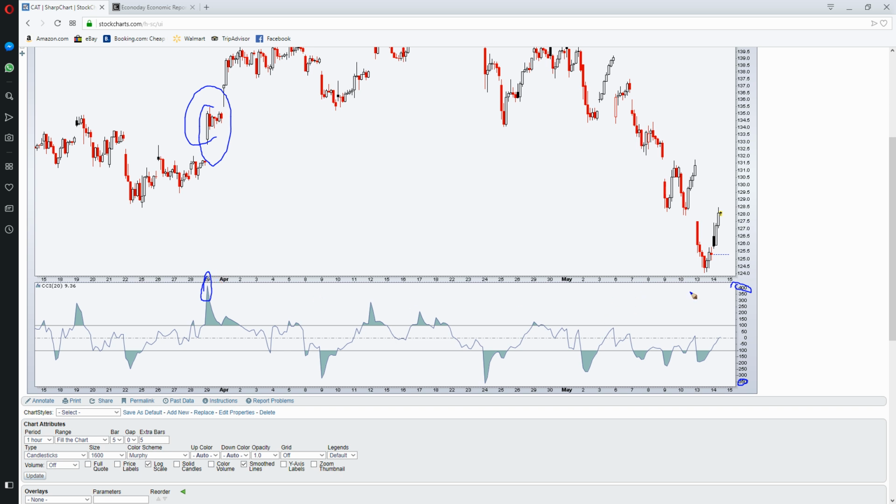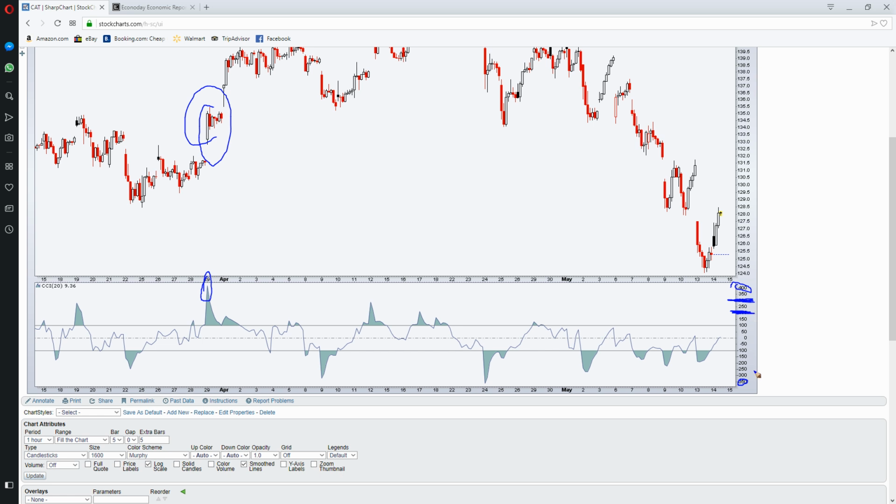And anything above 300 is where I want to look at downside reversal opportunity. That is overbought. When we get into the 200, 300 area, we're talking about being overbought in a way where we tend to see reversal.